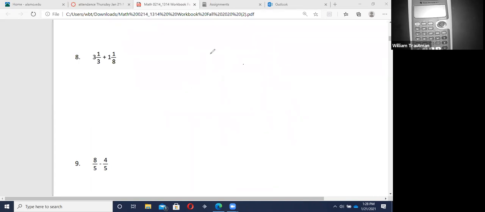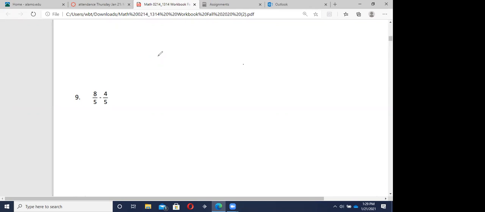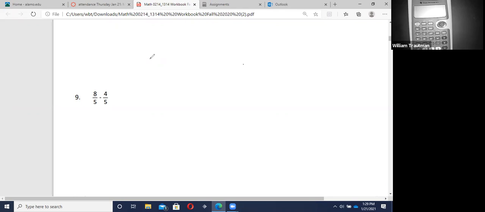So, can somebody tell me how I do number 9? What's the first thing you notice about number 9? Same denominator. Yes, the bottom. Oh, he used the fancy word, denominator. The bottoms are the same. Remember, adding and subtracting fractions when the bottoms are the same. That's the first thing I know.